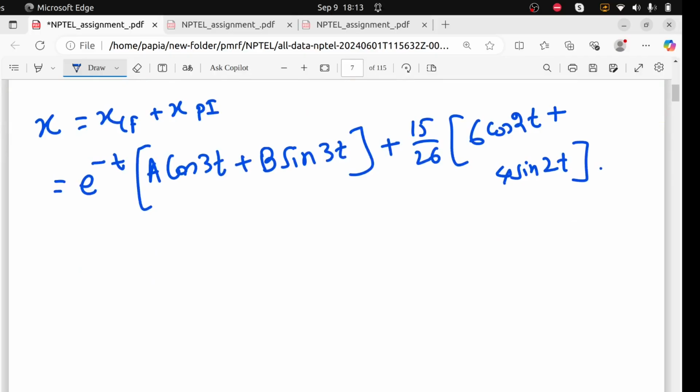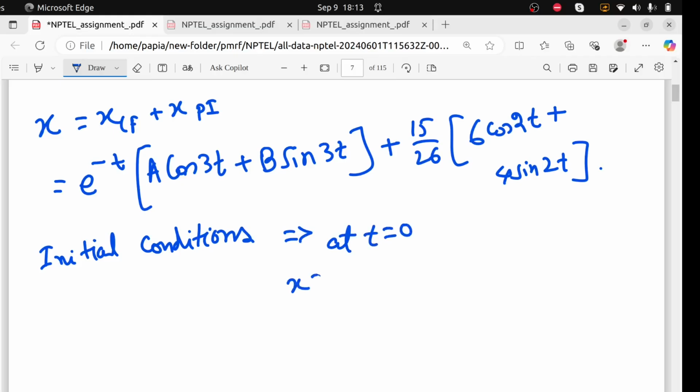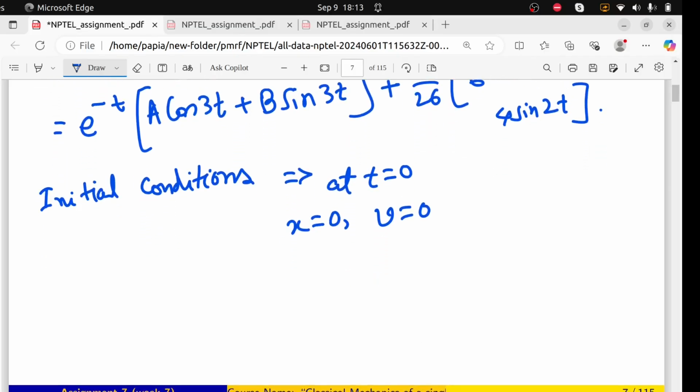Now I will put the initial conditions. At t equals 0, x is 0, v is 0. So at t equals 0, x equals 0, the exponential becomes 1.